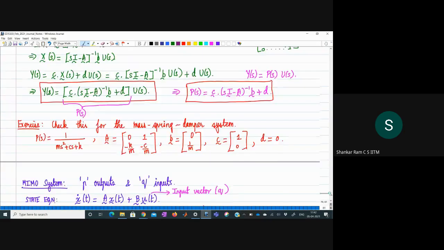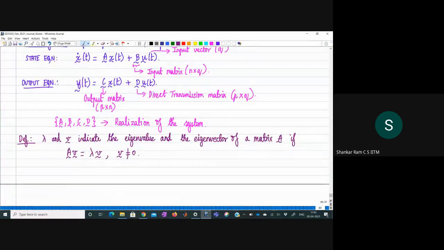Okay, so this is the definition of eigenvalue and eigenvector. Okay, so we have to remember this.